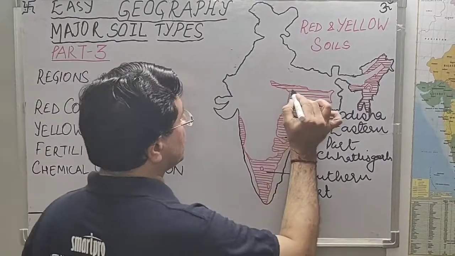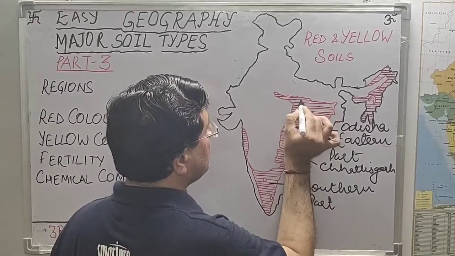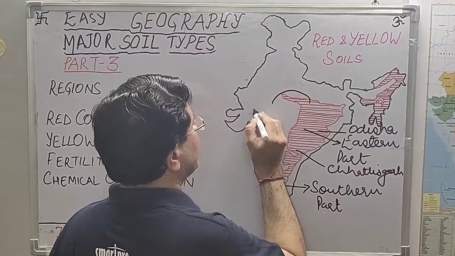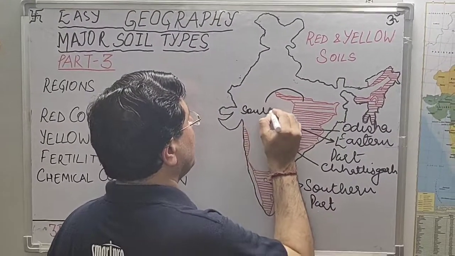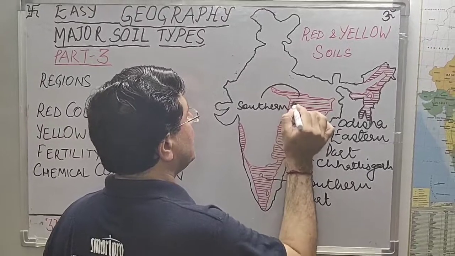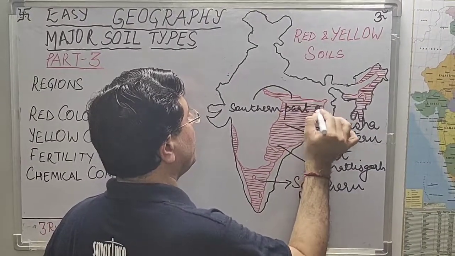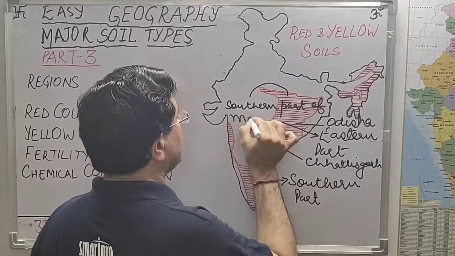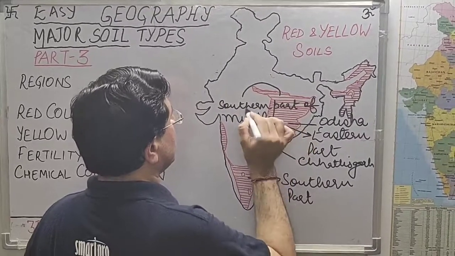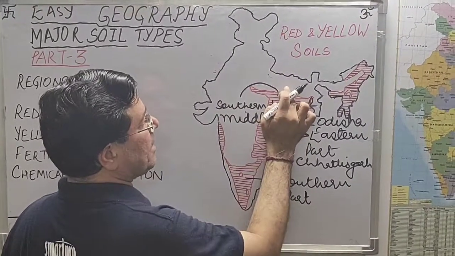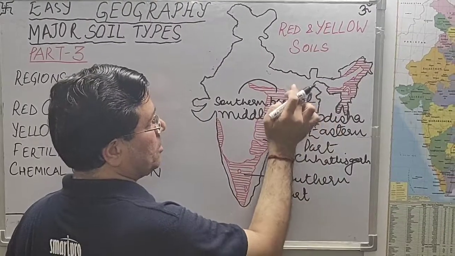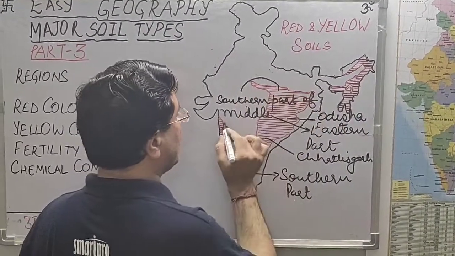These are the upper Ganga plains, these are the middle Ganga plains, these are the lower Ganga plains. So this is the southern part of the middle Ganga plain.